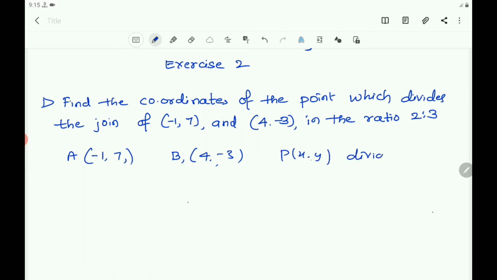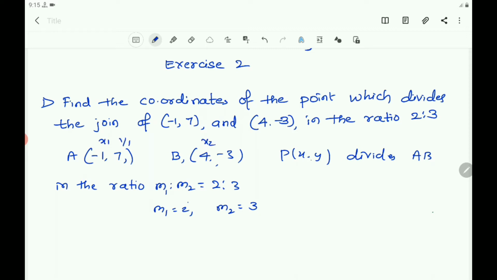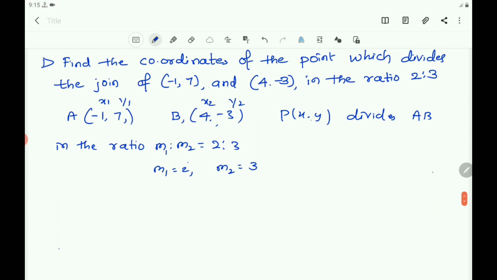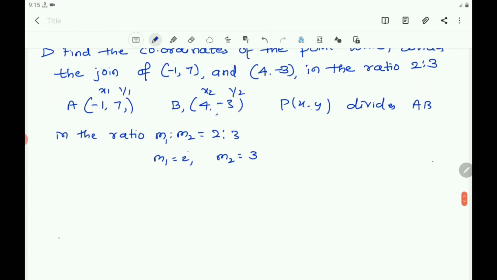divides AB in the ratio m1 is to m2 equals 2 is to 3. So let us consider here m1 equals 2 and m2 equals 3, and these are x1 y1, x2 y2. Now let us write the section formula.